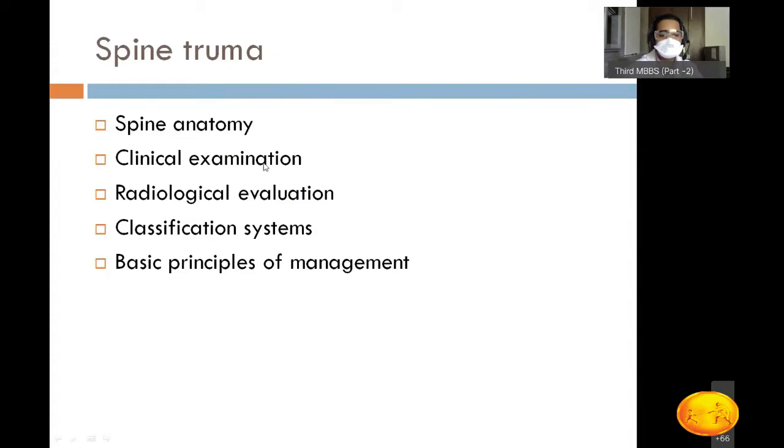Clinical examination of a patient who has sustained a spine injury or is suspected to have a spine injury. Radiological evaluation of all these patients. Classification systems which are different for cervical, thoracic, and lumbar regions, and basic principles of management of these patients.